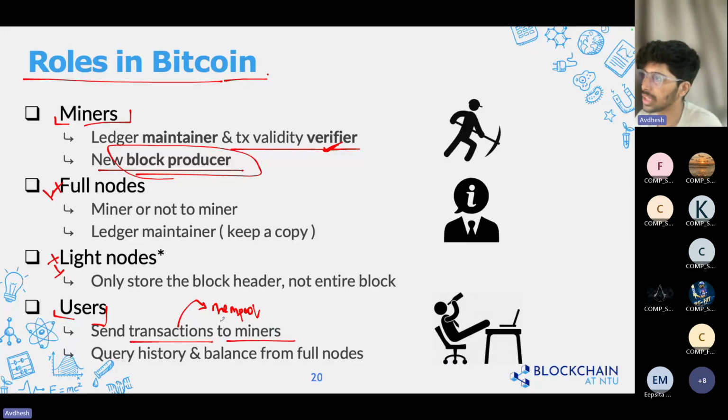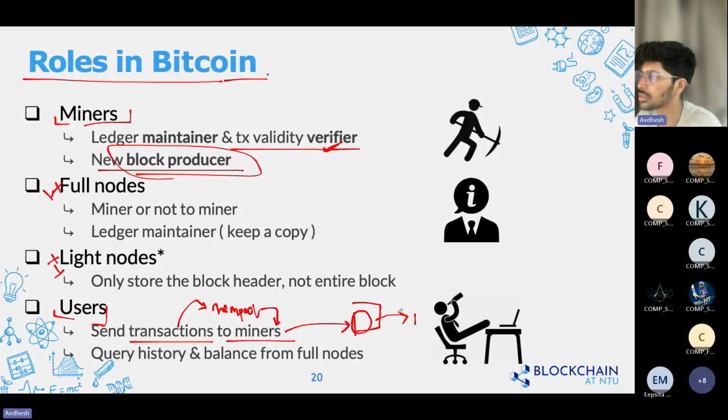The miners extract a few transactions from the mempool, verify them, and put them in the block. After that, the transaction happens and goes to the block. So those are the users that actually send money or digital coins or assets from Alice to Bob.